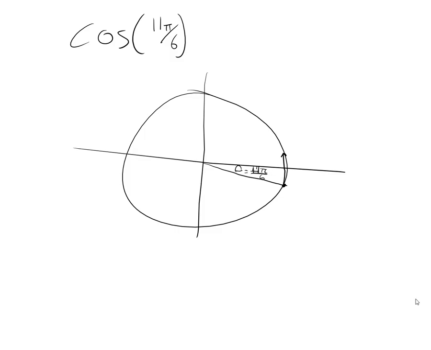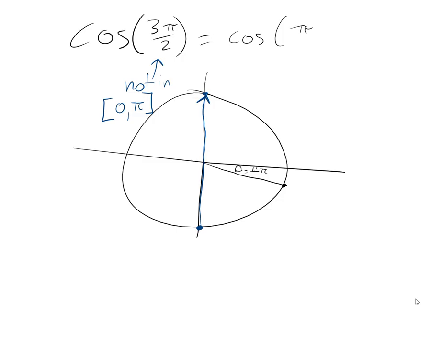Or maybe a better one, because that's actually kind of the same one. Let's go cosine of 3 pi over 2. Once again, 3 pi over 2 is not in 0 to pi, and 3 pi over 2 is right here. So what do we do? We translate it perfectly up, and we say the cosine of 3 pi over 2 is the exact same as cosine of pi over 2.